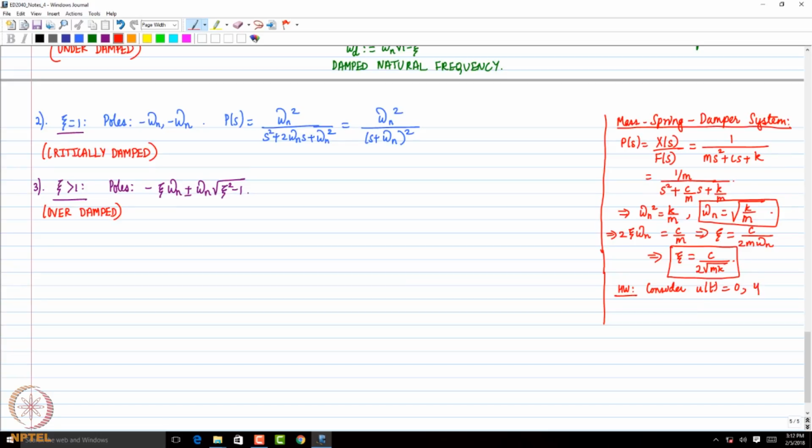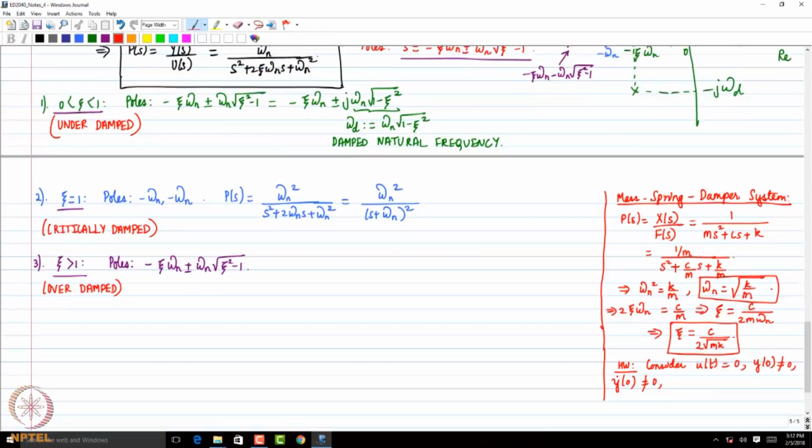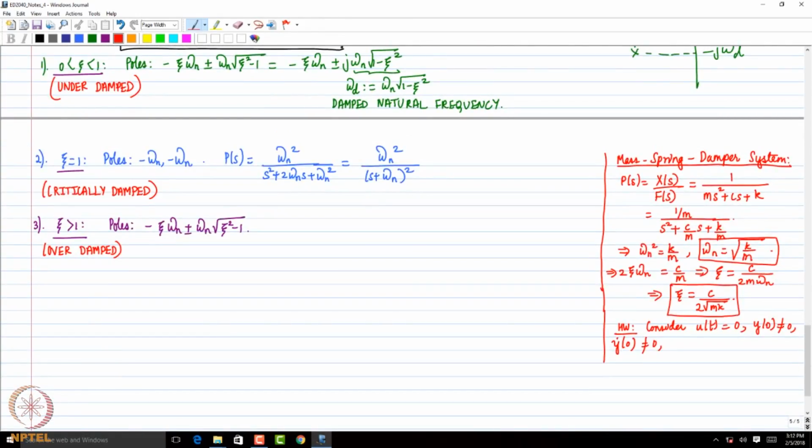Y of 0 is not equal to 0, y dot of 0 is also not equal to 0, but zeta is 0, right? That is the undamped case. So what is the system that we are dealing with? Y double dot t plus omega n square y t equals 0.